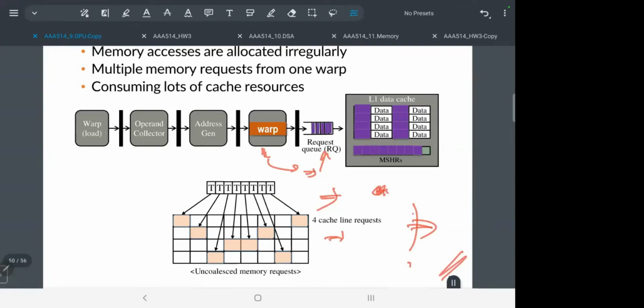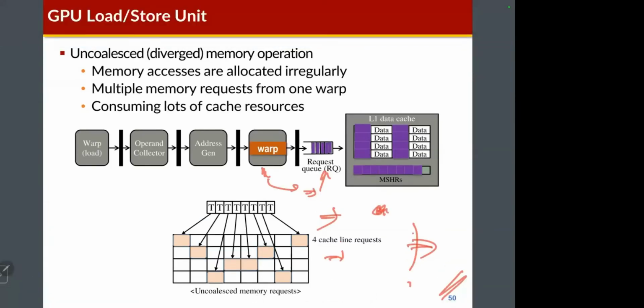In this example, this thread accesses this data, and even though the next thread is its neighbor, it accesses different data. If this is one GPU cache line, this thread accesses data in a different cache block.